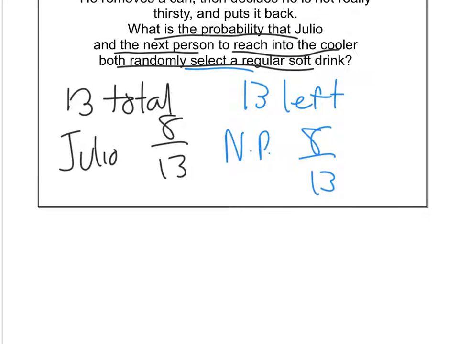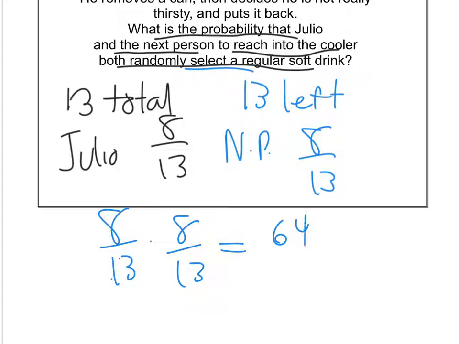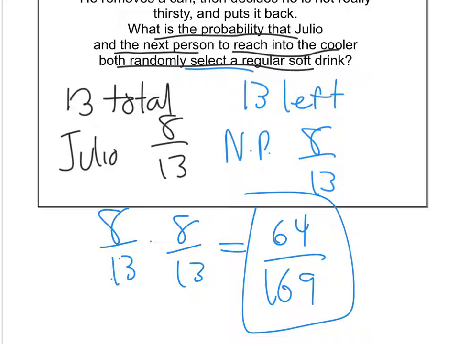So the probability that they both do is 8 out of 13 times 8 out of 13, which is 64 out of 169. Can you simplify that? Not really. So there's my probability. If you really want a decimal to get an idea, that's about a 38% chance of that happening.